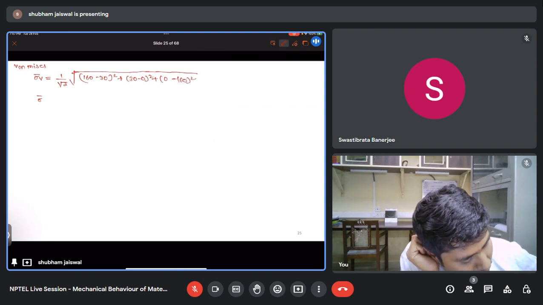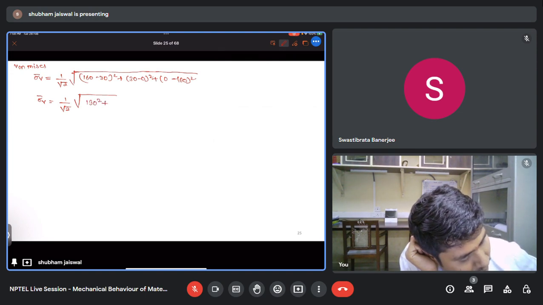So sigma bar V will be 1 upon root 2 under root of 130 square plus 30 square plus 160 square.